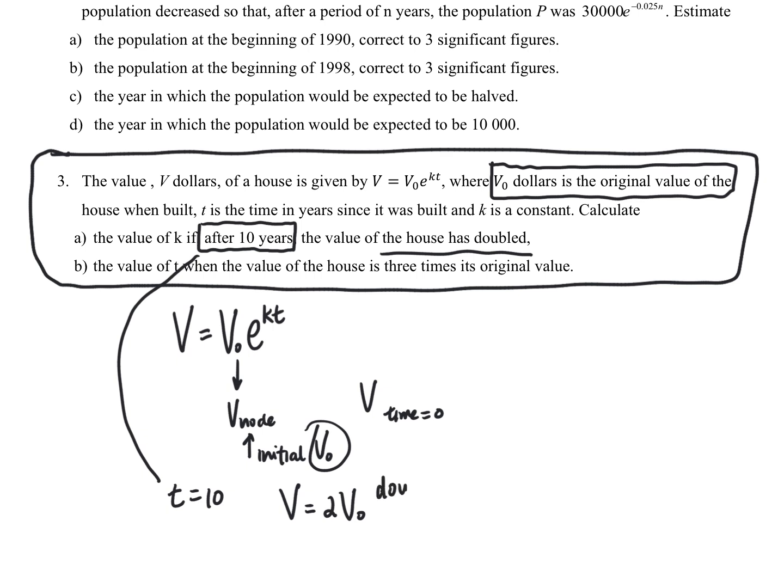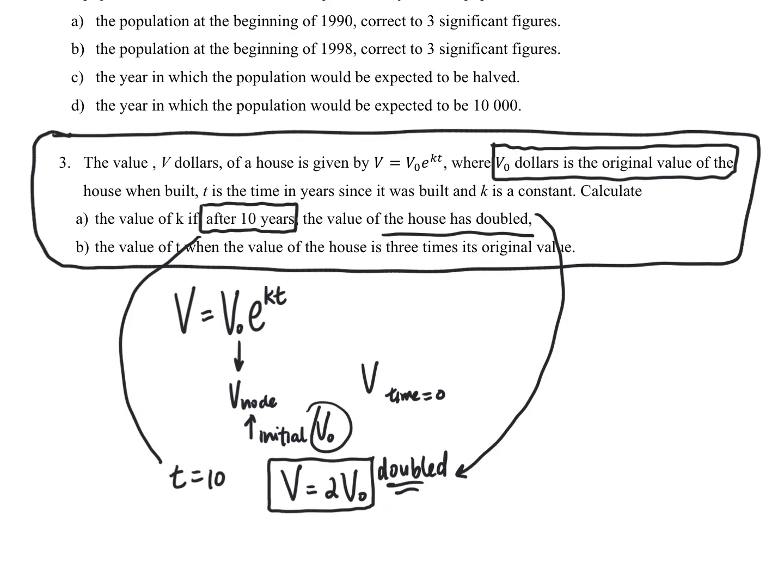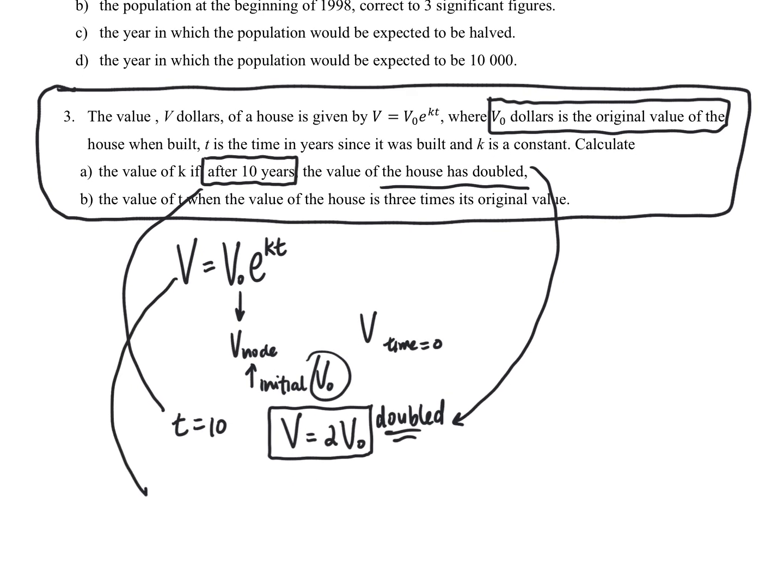So the value of the house has doubled. When they say the house doubled, I substitute V as 2V naught.